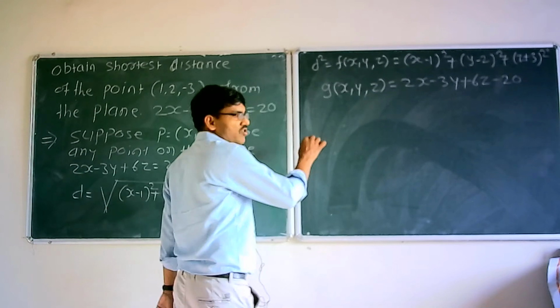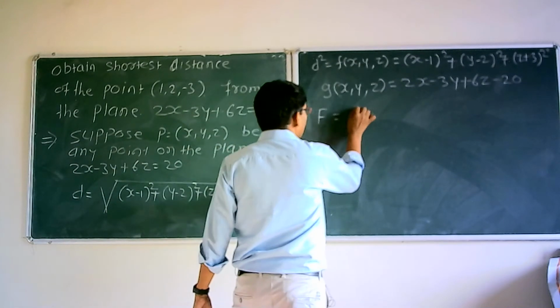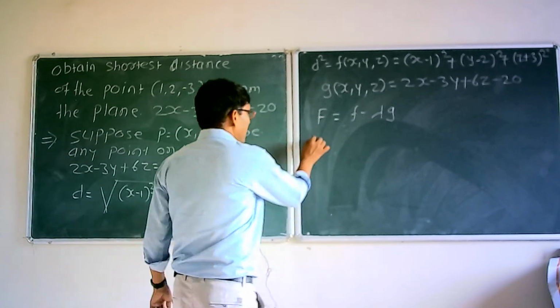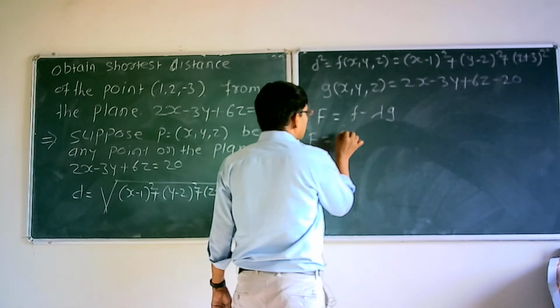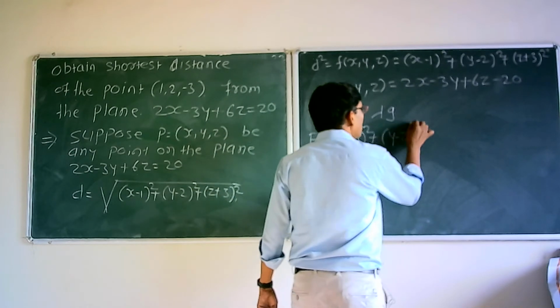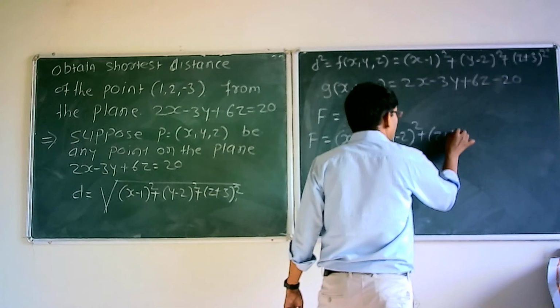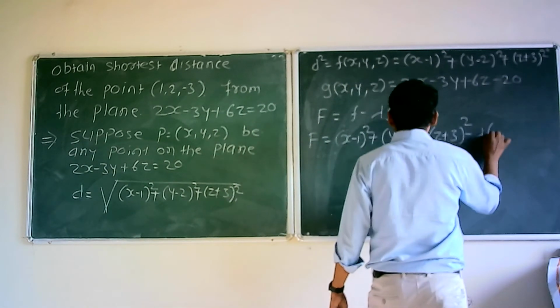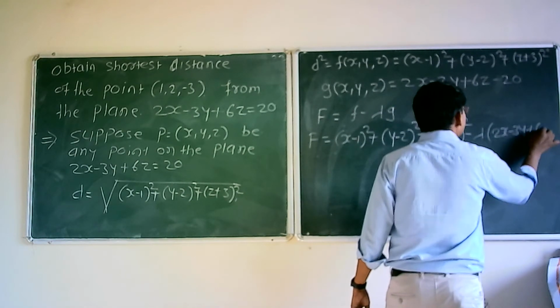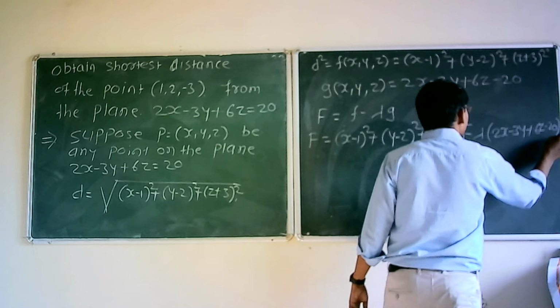So consider an auxiliary equation F is equal to f minus lambda g, where lambda is the Lagrange's multiplier. So capital F is equal to x minus 1 bracket square plus y minus 2 bracket square plus z plus 3 bracket square minus lambda times twice x minus 3y plus 6z minus 20.